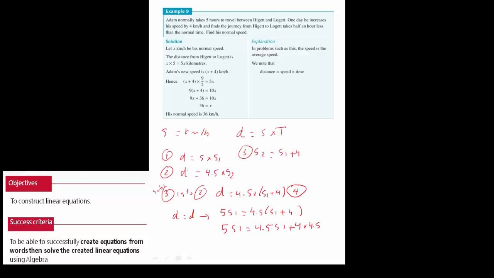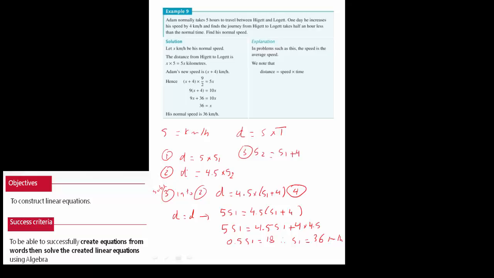So we bring that to the same side. 5 S1 minus 4.5 S1 is 0.5 S1 equals 18, which means this is half S1 equal 18, therefore S1 equals 36 kilometers per hour. So his normal speed was 36 kilometers per hour. So that's what we did.